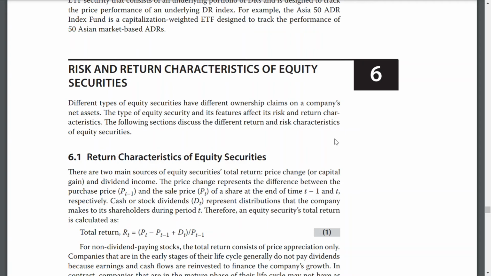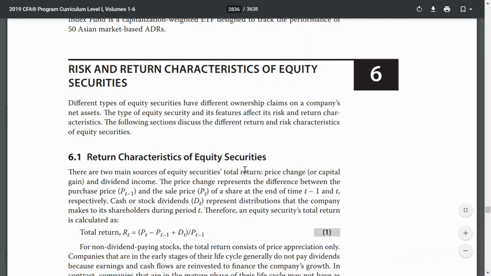There are two main sources of return for equity securities: price changes and dividend income. Price changes represent the difference between the purchase price and the sell price of the shares at the end of the period, respectively. Cash or stock dividends represent distributions that the company makes to its shareholders during the period. Therefore, an equity security's total return is calculated as such.